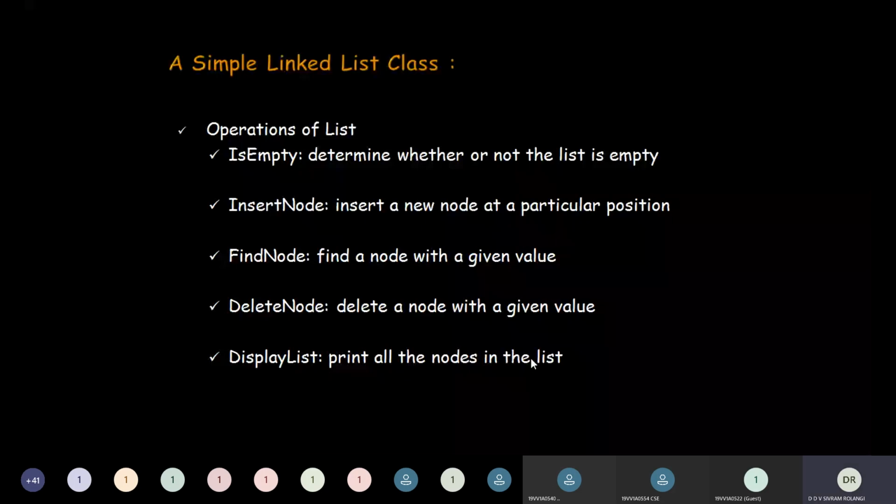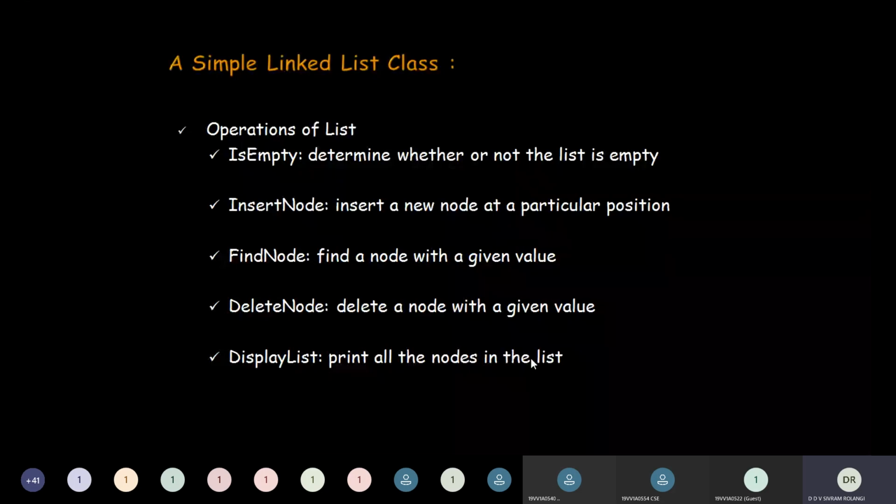Delete a node with a given value. Suppose I want to delete A3. You have to do this deletion operation very cautiously. Why? Because if you carelessly delete some of the elements, we are only holding the address of successors in the previous node.